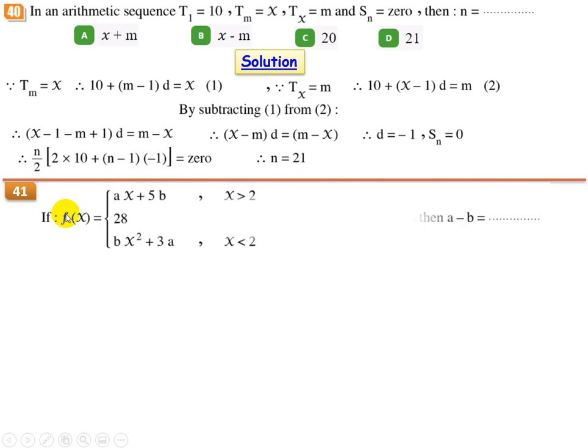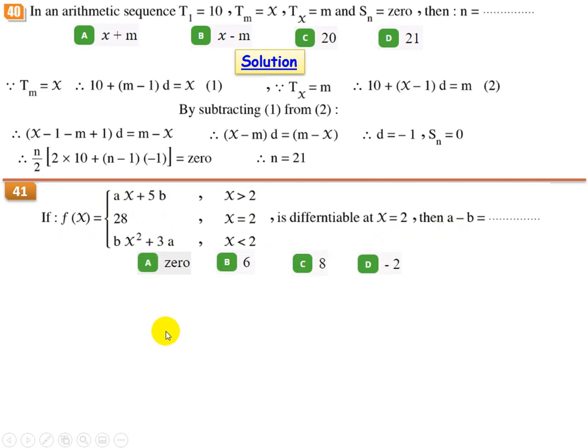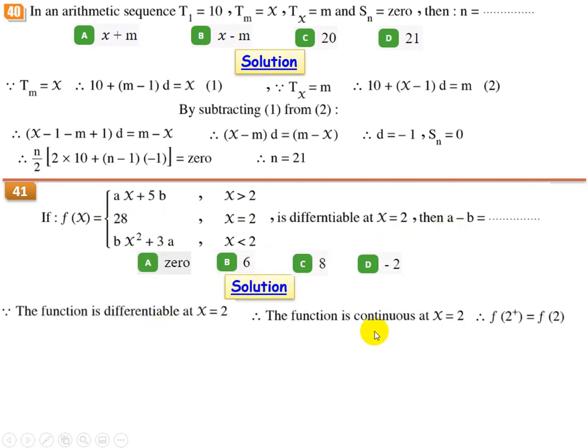Question 41. f of x equals piecewise function: ax plus 5b when x is bigger than 2, 28 when x equals 2, bx squared plus 3a when x is smaller than 2, is differentiable at x equals 2, then a minus b equals. Since the function is differentiable at x equals 2, therefore it's continuous at x equals 2, which means that f of 2 from the right equals f of 2, which is 28.